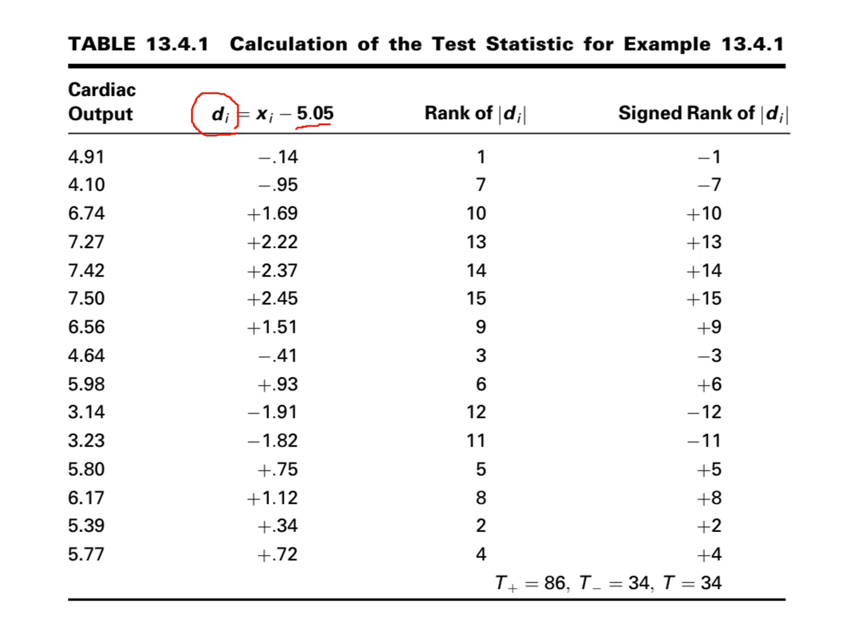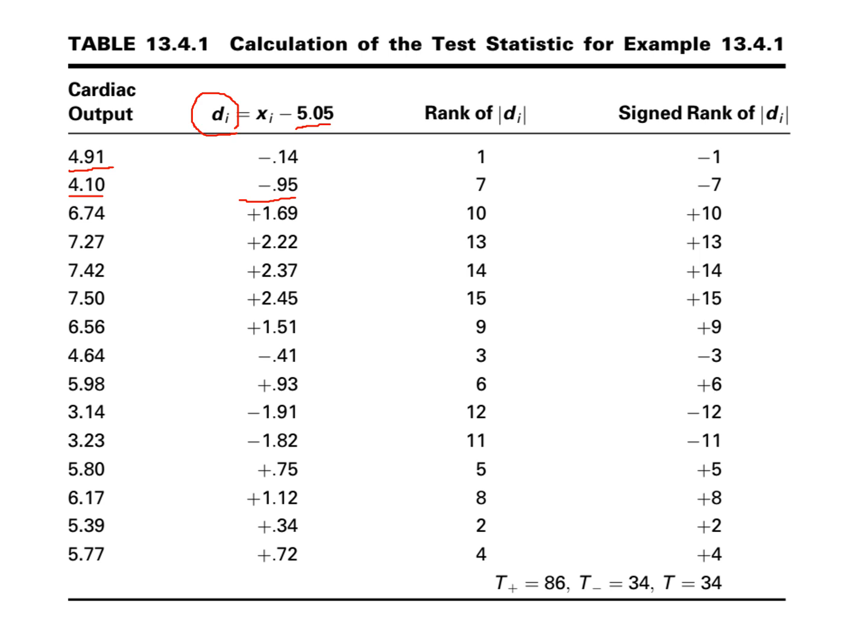So xi is 9.1, and 9.1 minus 5.05 is 4.05. For the second one, 4.19 minus 5.05 is minus 0.95. In this way we calculate every deviation here. Then based on this data, we look at only the absolute value, not the minus.